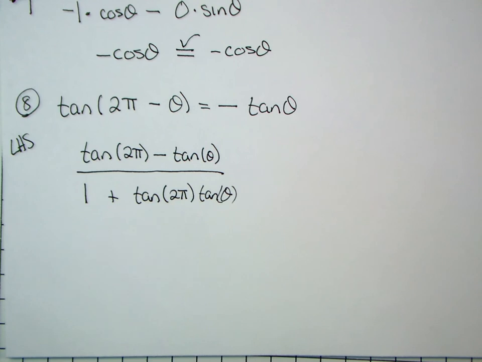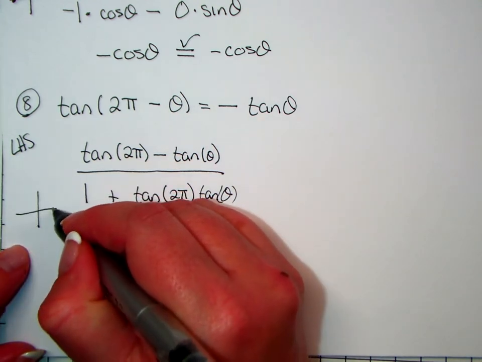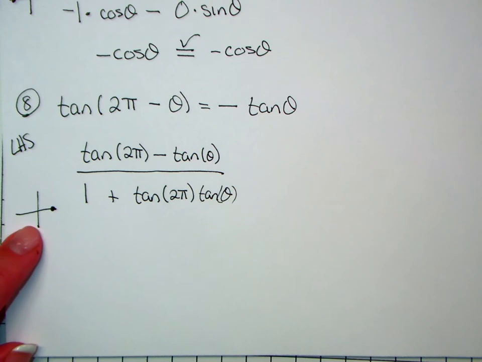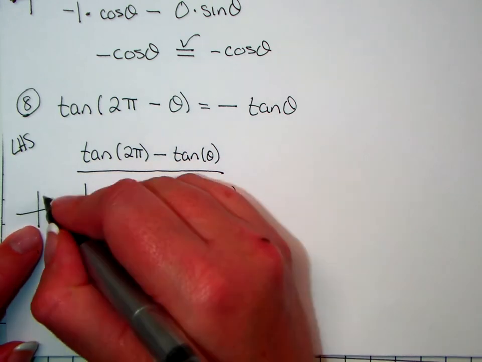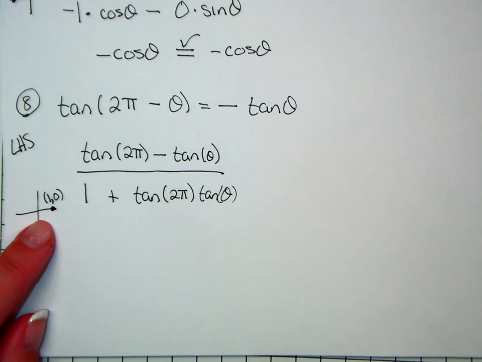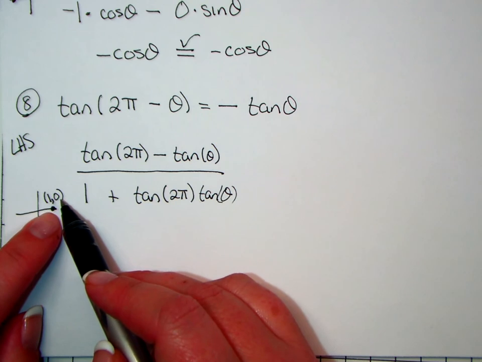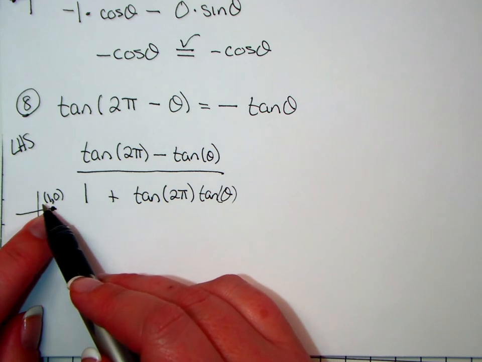So we need to know what tangent of 2 pi is. I'm going to go on the unit circle, find 2 pi. The point on the unit circle is (1, 0), and tangent is the y value over the x value, because tangent is sine over cosine. So tan of 2 pi is 0 over 1, which is just 0.